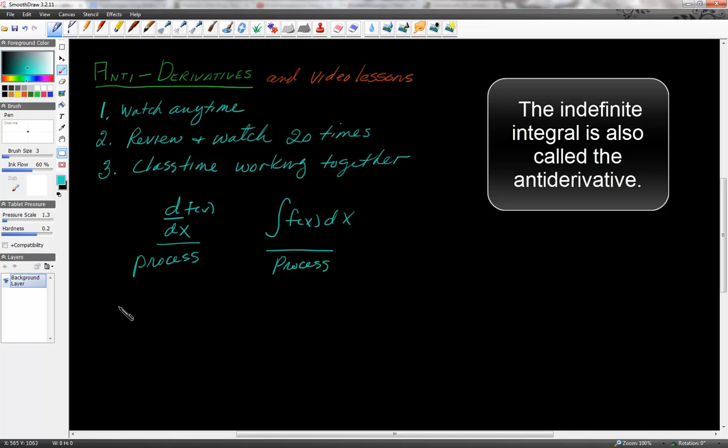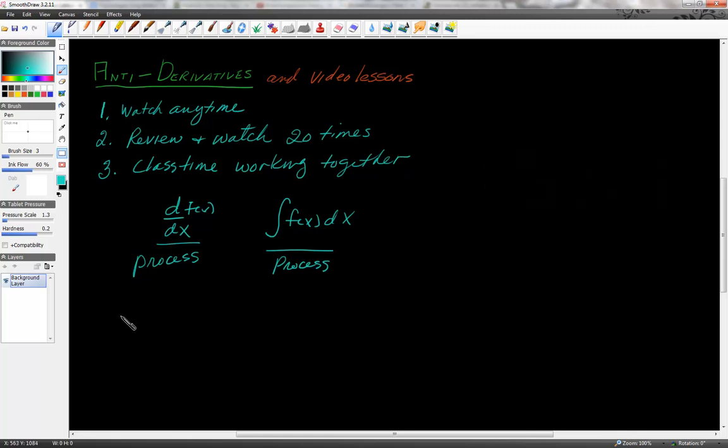Now, as an example of why we would want to find antiderivatives, I want you to remember a problem that we worked earlier in the semester. In fact, I think it was just last week, where we had a price, and I think it was for a cup of coffee, but it wouldn't really matter what it was for. Price P for, let's say, coffee. And we have X equal to the demand for our coffee.